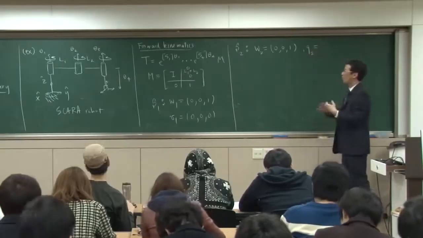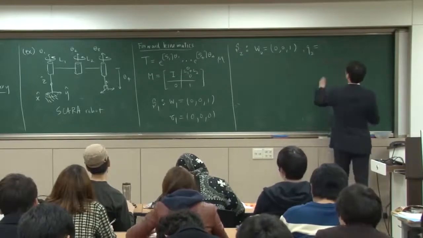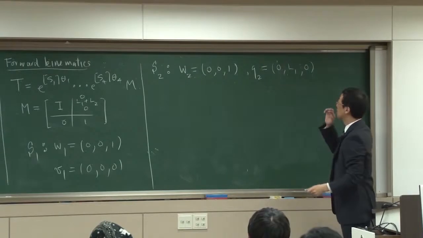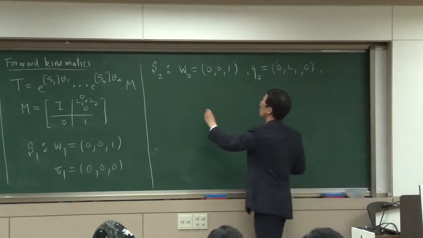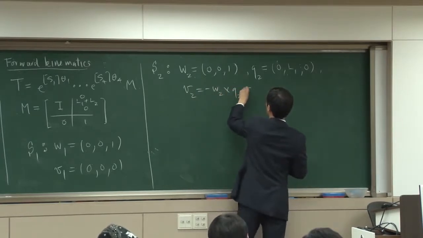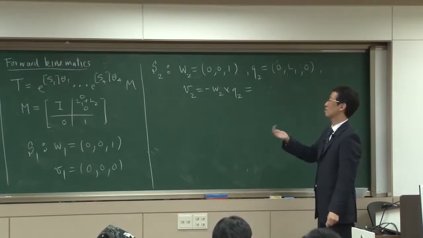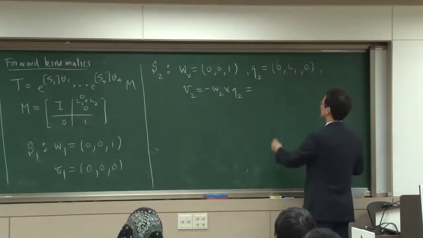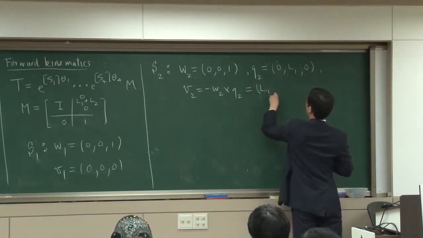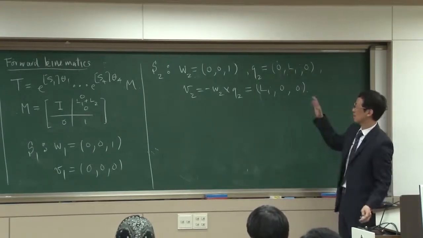So Q2, a point on joint axis 2. Maybe 0, L1, 0 is a good choice. So V2 is minus omega 2 cross Q2. So it's the positive x direction. So this is L1, 0, 0, I believe. Okay, so there's V2.